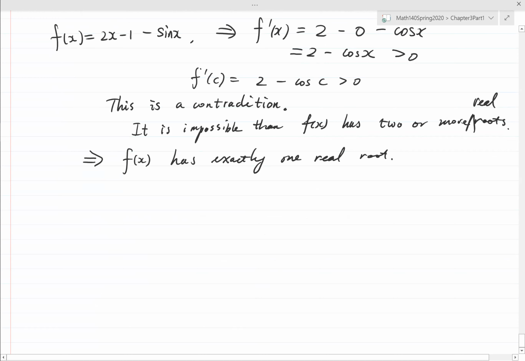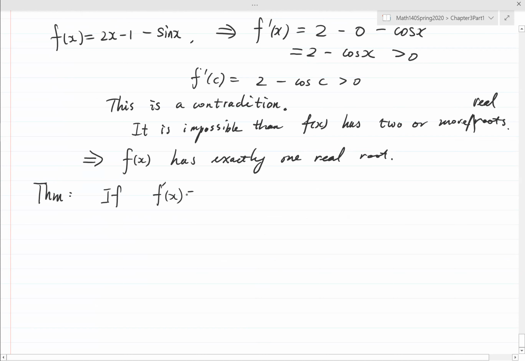Okay, now let's go to the next theorem. This theorem tells us that if f derivative vanishes, then actually f is constant on a connected interval.